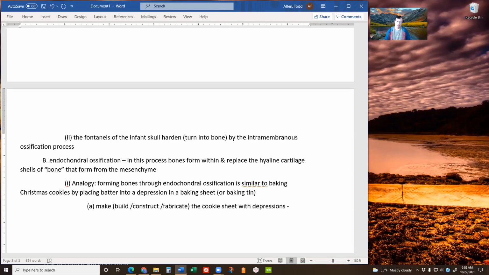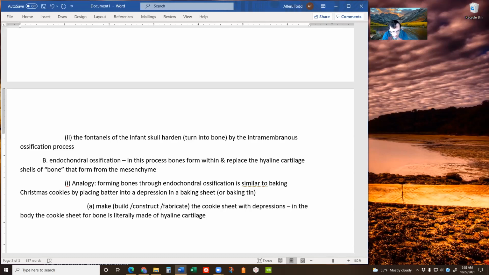Okay, and so in terms of the biology that's going to take place, the cookie sheet is actually going to be made out of hyaline cartilage. The cookie sheets that we purchase from the store are made out of some kind of metal, right?